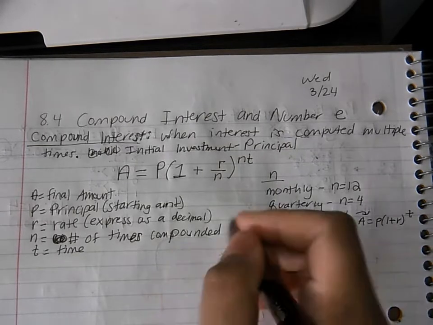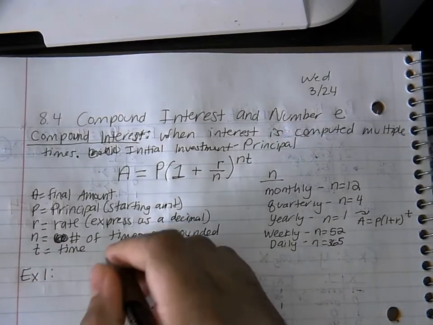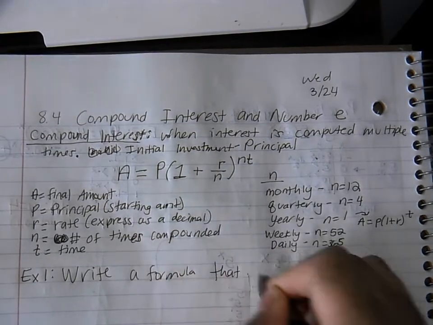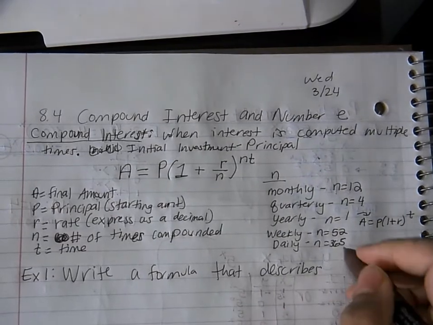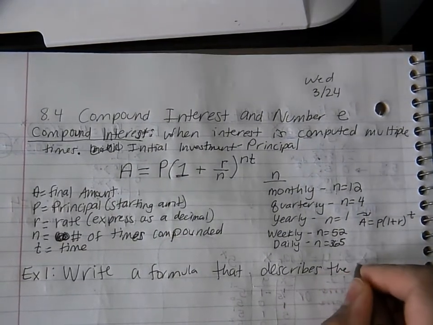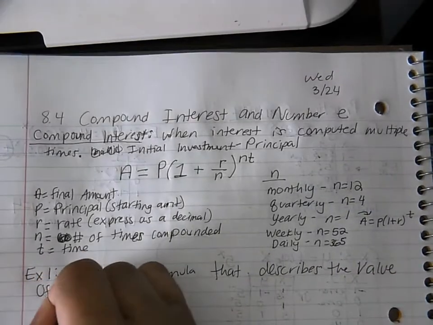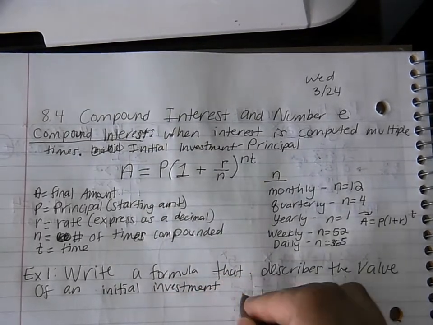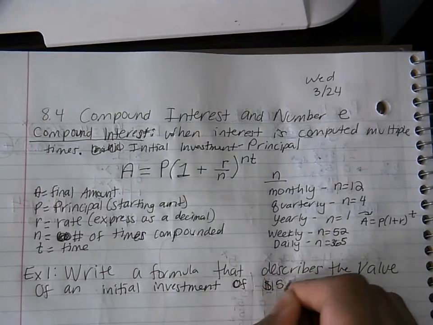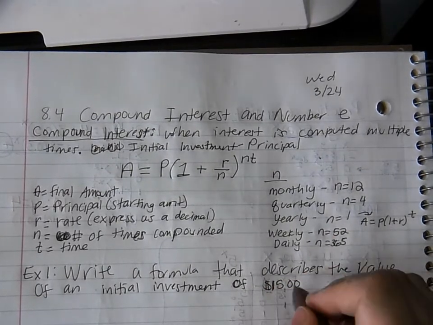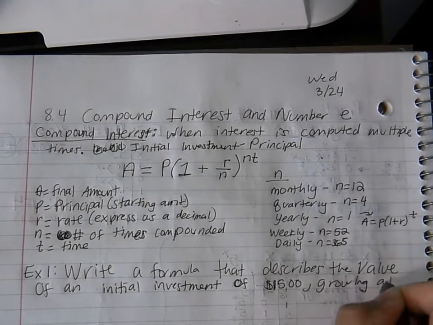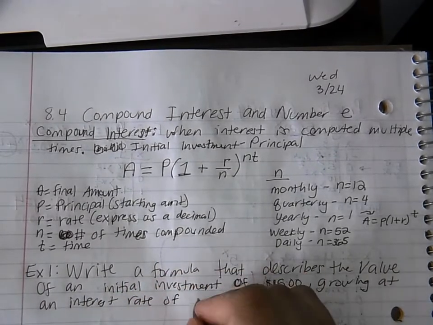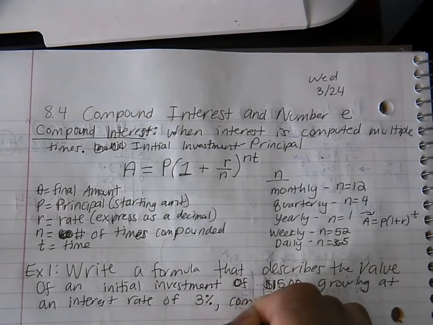Okay, so let's try example 1, which says write a formula that describes the value of an initial investment of $1,500 growing at an interest rate of 3% compounded monthly.